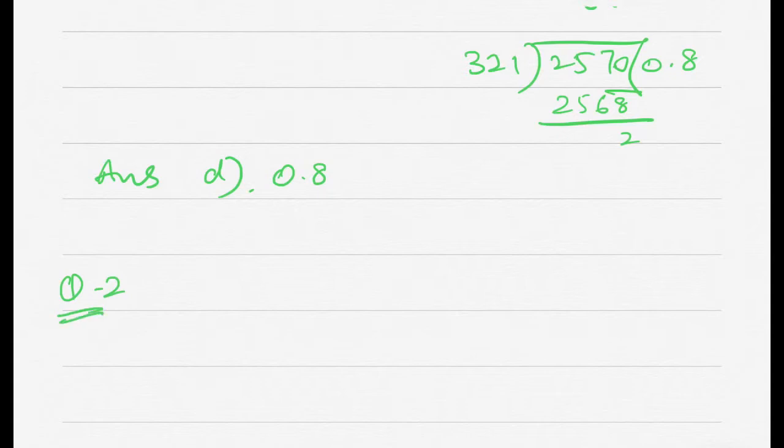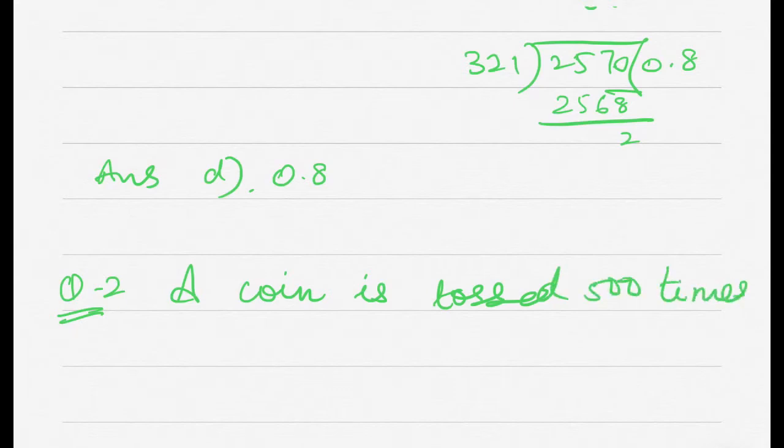Now question number 2. Again, a 1 mark question here. It says a coin is tossed 500 times with the following observations.